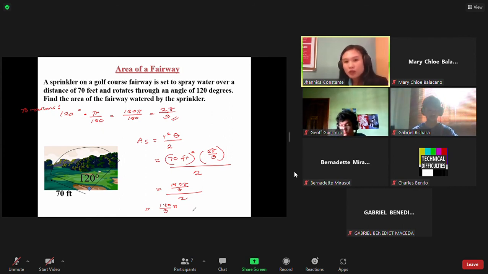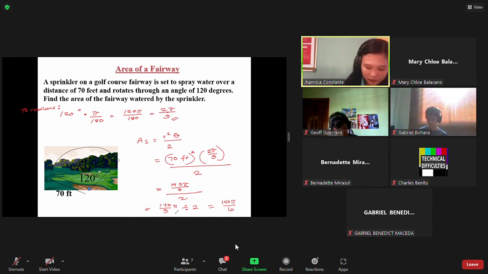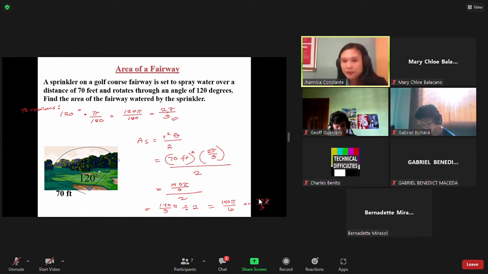So we will have a fraction form answer, which is 140 over 6, which can be simplified into 70 pi over 3 in fraction form.